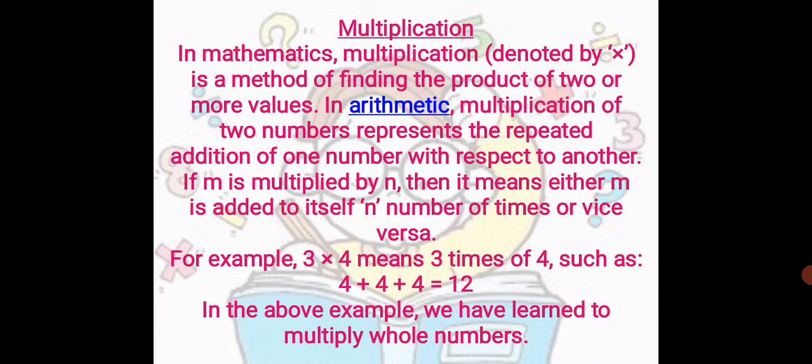Another way, by the process of repeated addition, we can write 3 times of 4, that means 4 plus 4 plus 4. So 3 into 4 is 12, as well as 4 plus 4 plus 4 is also 12. In the above example, we have learned to multiply whole numbers. Very easily we can multiply whole numbers.